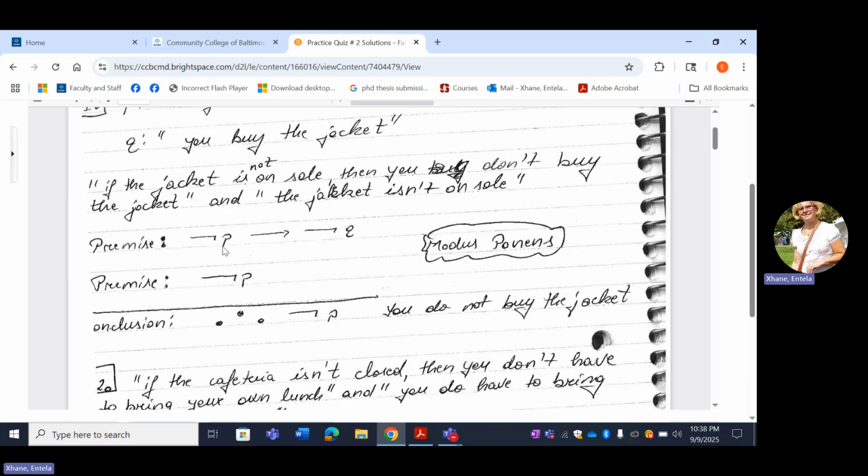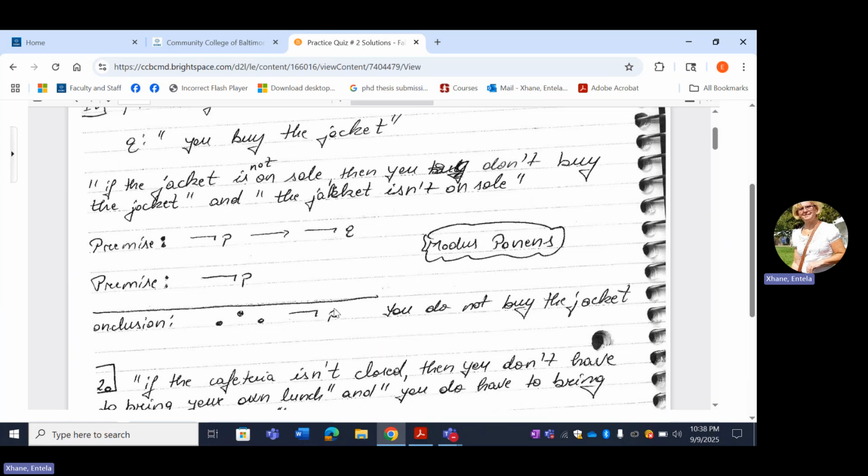You call not P an S. You call not Q a W. You have S implies W, which is the same as saying P implies Q, and S and P, just to be consistent with the way modus ponens is defined as a rule. Then the conclusion should be Q. So the conclusion should be W, and the W is not Q.